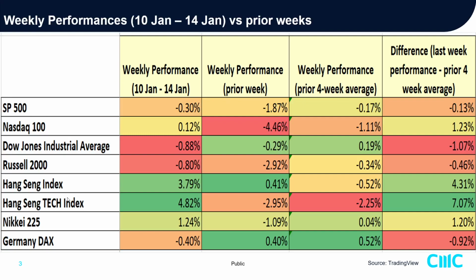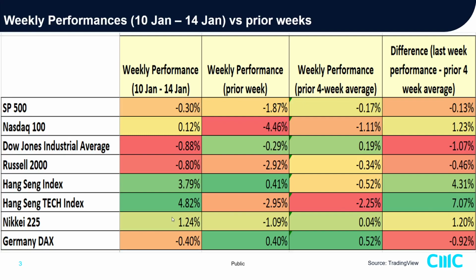The Hang Seng Index outperformed this week by a very significant 3.79%, and the Hang Seng Tech Index rallied 4.82%, way above last week's performance. That also gives it the highest score when I take into the momentum analysis the difference between its last week's performance versus the prior 4 week average, at 4.3% and 7.07%.